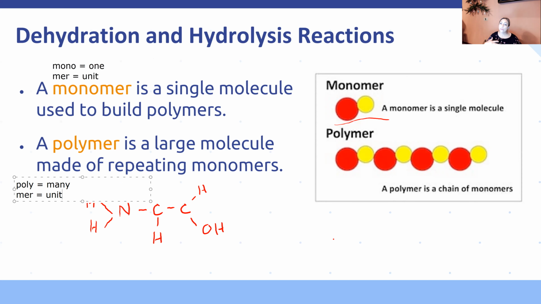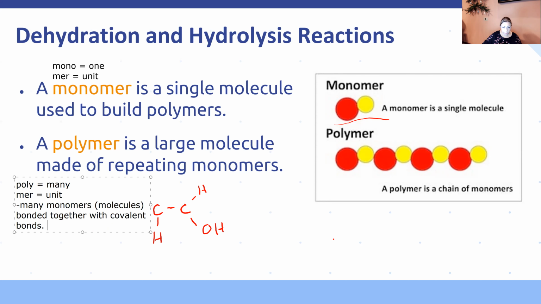Many molecules bonded together with covalent bonds. So I'm going to write that here for you. Many monomers, which are molecules, bonded together with covalent bonds. Now, I'm not going to pause here. You can just pause the video to write down this information if you'd like to.